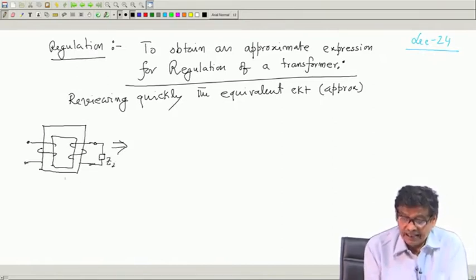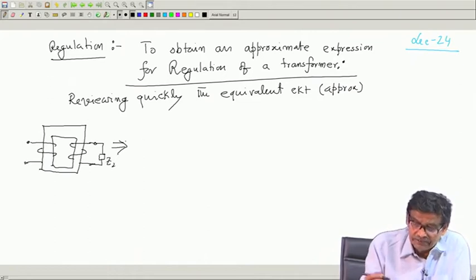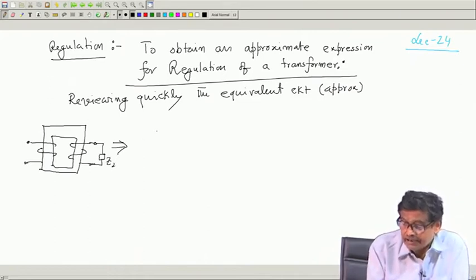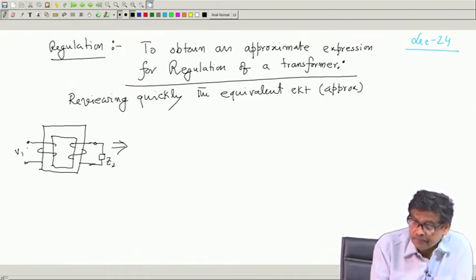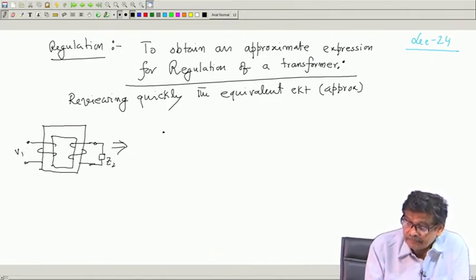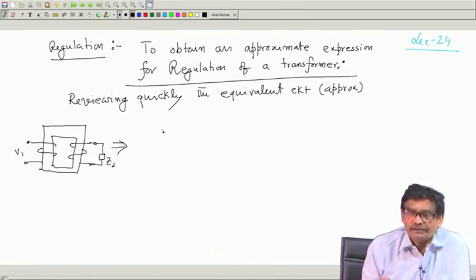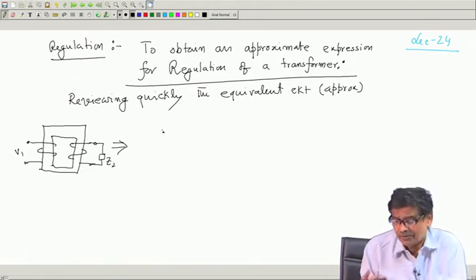Now, this can be thought of in various ways. One way is, here is your V1. Take a deeper look into this equivalent circuit, so that it will enhance your understanding.